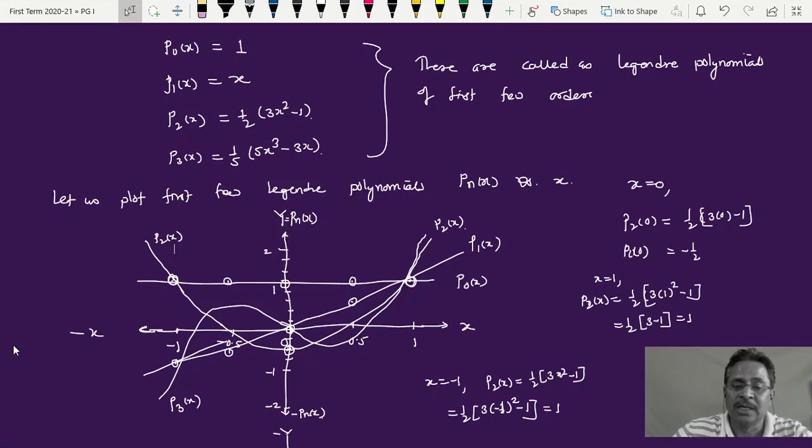All the curves are crossing through the point, that is, this coordinate here is 1, 1. Okay, so this is 1 and 1. So all the curves are passing through it, and if you remember, we have gone through this.